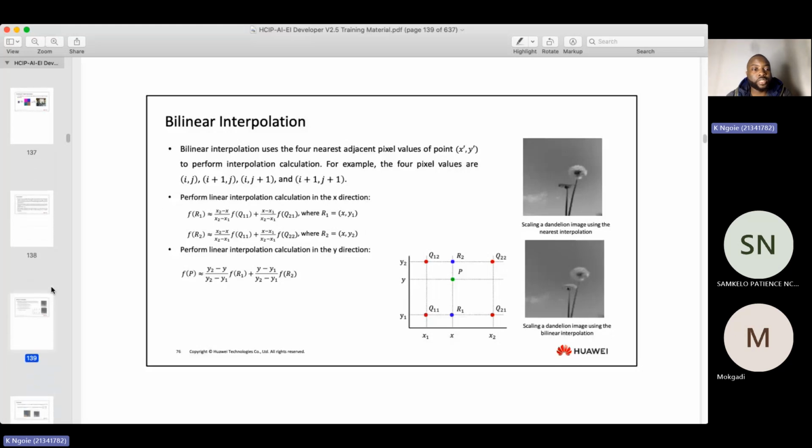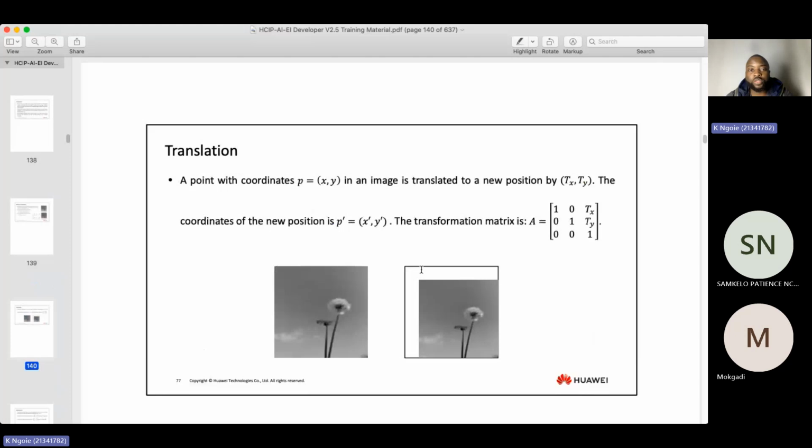All right, and then the next one would be translation. In translation, we basically have a certain point with coordinates x, y in an image, and then we translate it, so the coordinate of the new image will be there.